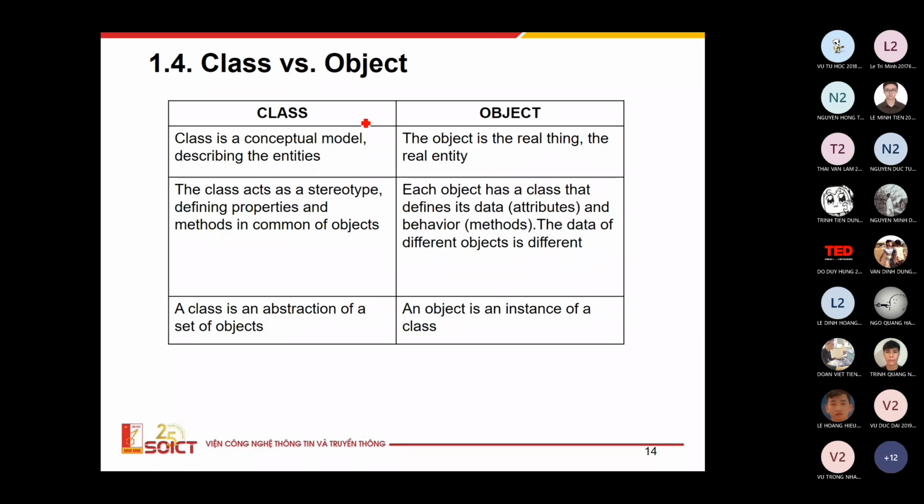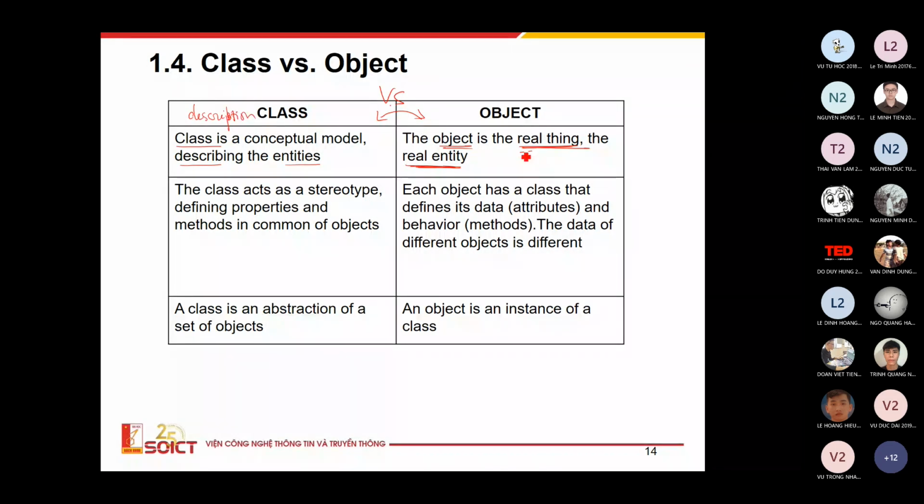And this is the relation between class and object. We know that a class is a conceptual model just to describe the entity, and an object is the real thing, the real entity. One is just the conceptual description.